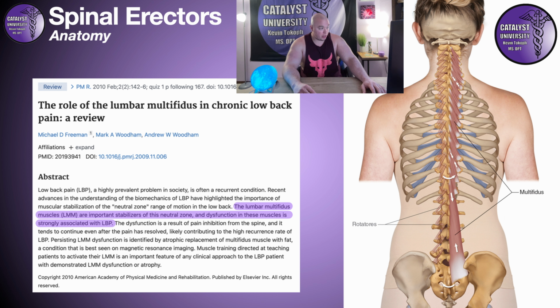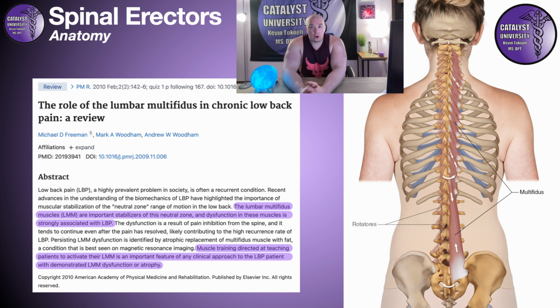And dysfunction in these muscles, aka weakness and fatty infiltrations, are strongly associated with low back pain. Furthermore, muscle training directed at teaching patients to activate their multifidi in the lumbar region is an important feature of any clinical approach to low back pain for a patient that demonstrates multifidi dysfunction or atrophy.